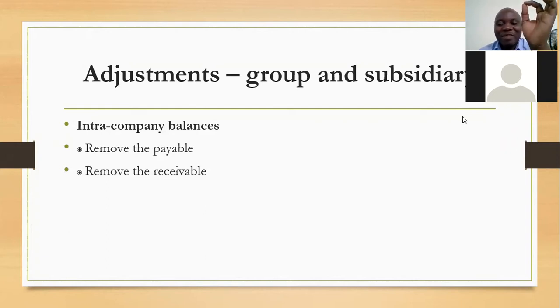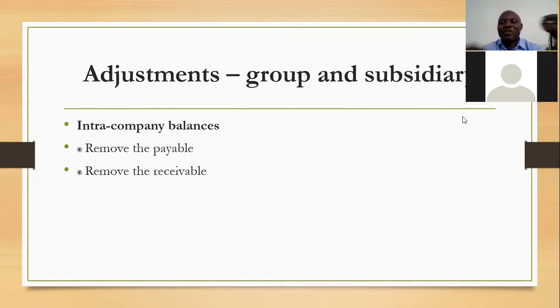In this case, you need to know what shareholding is the parent company, what remains as the non-controlling interest, and how much investment you have made, which is above 20% and less than 50%, as an associate. So you first have to determine the group structure.